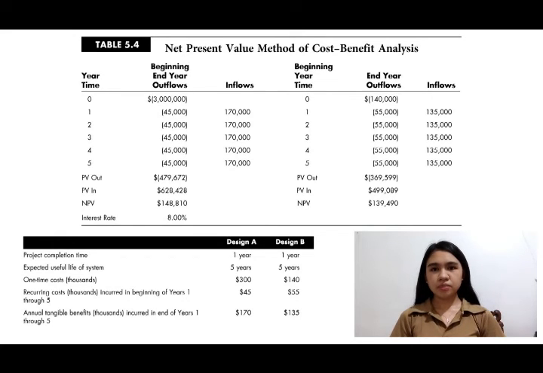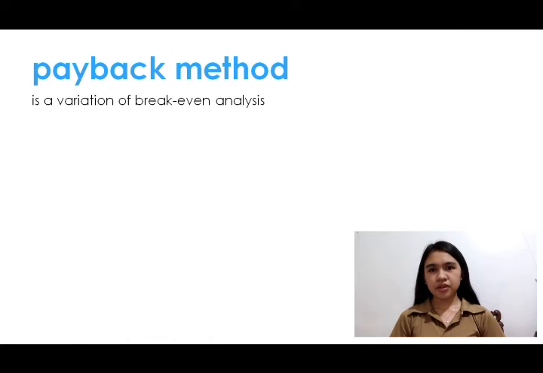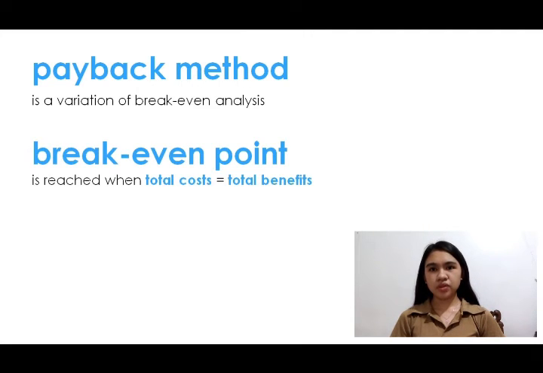If costs and tangible benefits alone were being considered, then design A would be selected over design B. However, the value of intangible benefits along with the design feasibility scores must also be factored into the final analysis. The payback method is a variation of break-even analysis. The break-even point is reached when total costs equal total benefits.